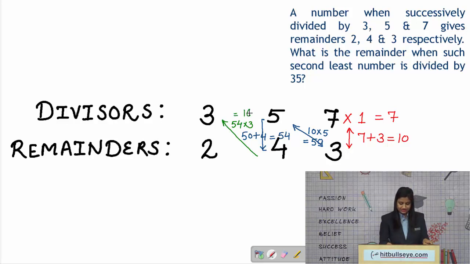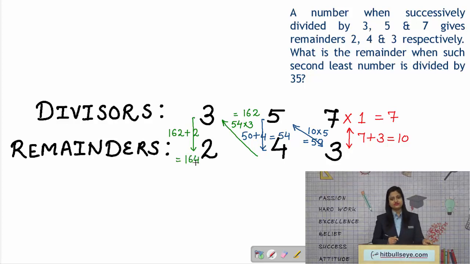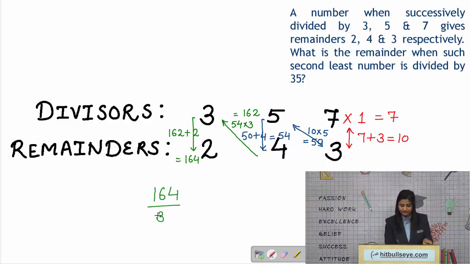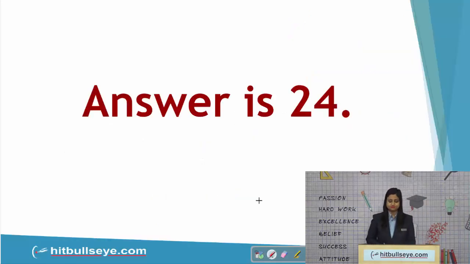You are getting 162. Then add 2 to this, which will give you 164. So 164 is such second least number. So if we divide 164 by 35, we will get 24 as the remainder. And this is the answer.